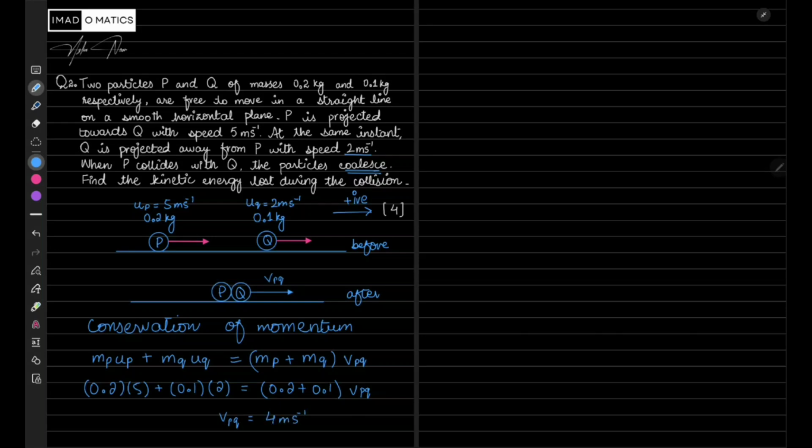Okay, this is how we first found the velocity of the coalesced particle, equal to 4 meters per second.